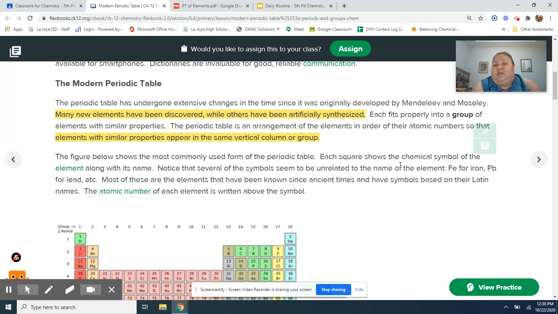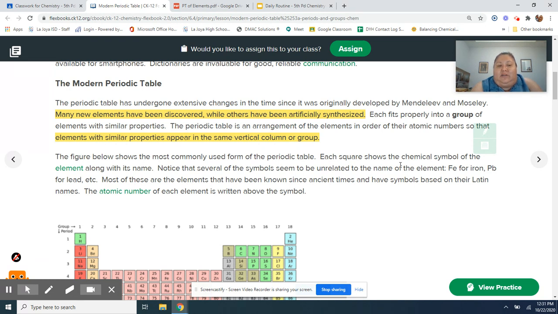The periodic table has changed in the arrangement. When Mendeleev created it, it was by atomic mass. And then Moseley came around 30, 40, 50 years later and changed it so that it's ordered by atomic number. Why did he change it? Because it fixed the little problems that Mendeleev's version had.